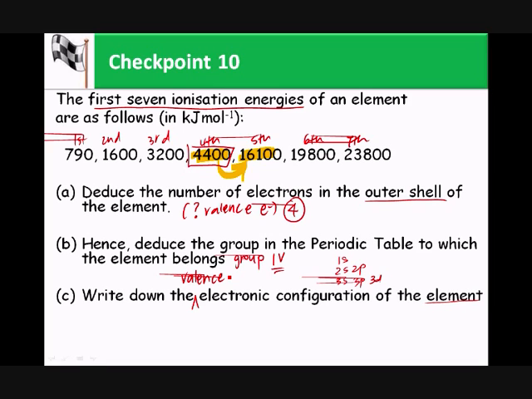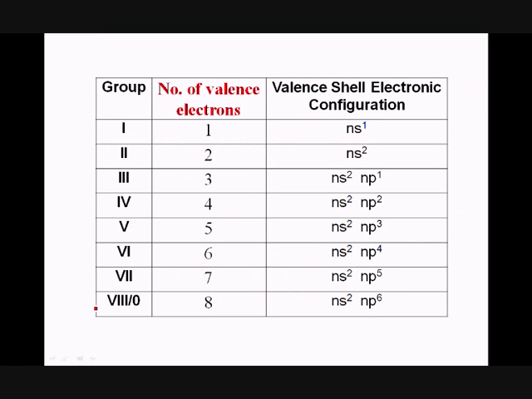In the previous part of the lecture, for elements in group 1, of course there is 1 valence electron, and so the valence shell electronic configuration is ns1. Similarly, as you go down the table, group 2 will have 2 valence electrons, ns2. Group 3 will have 3 valence electrons, ns2 and np1.